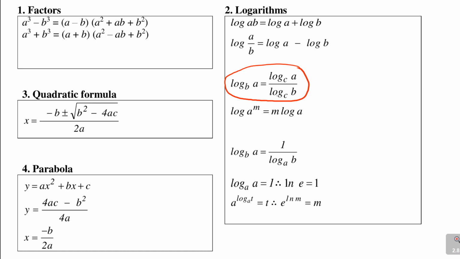So log base b of a is log base c of a over log base c of b, but the a goes to the top and the b goes to the bottom. This is the same rule when you're changing from base a to base b, or from base b to base a, whatever way, but that is the rule. So you can see that the a goes on top, the b goes at the bottom, with a new base, of course.